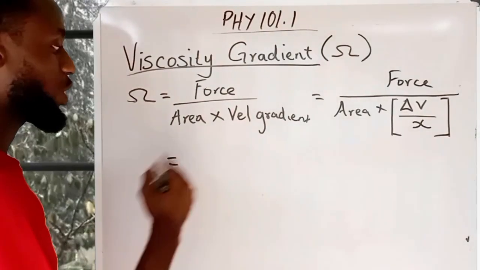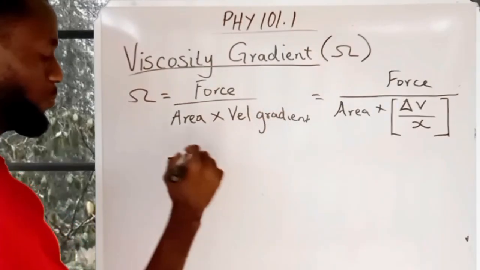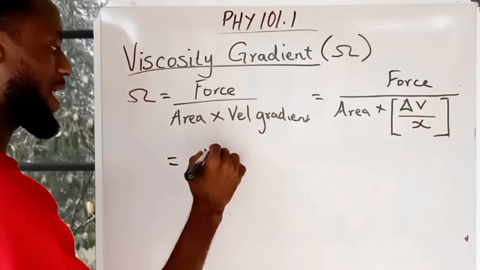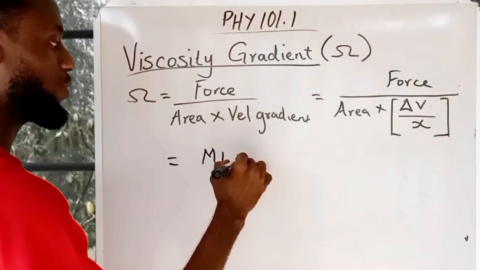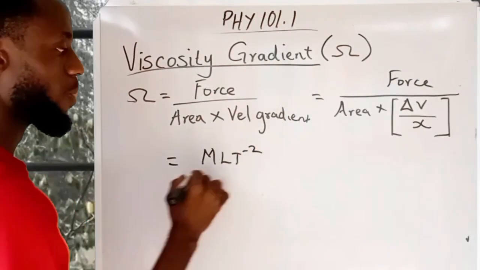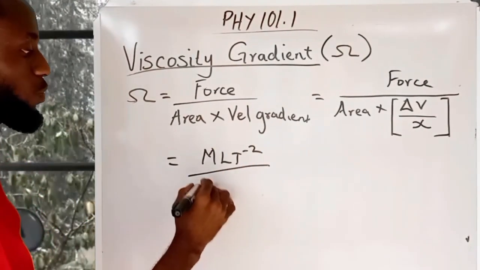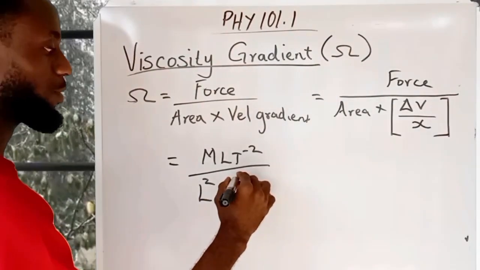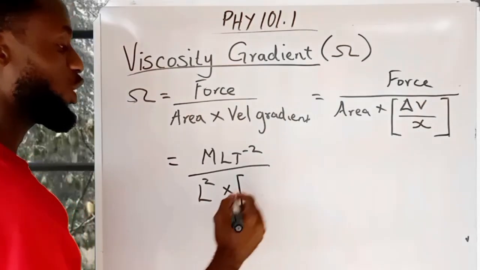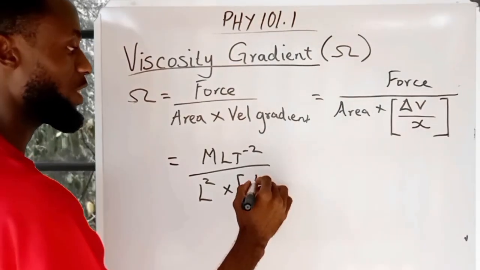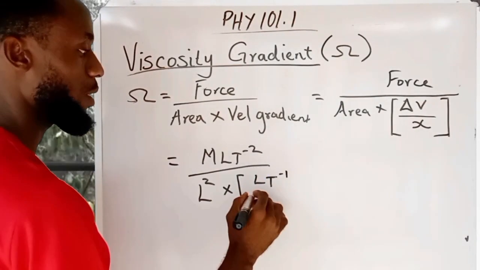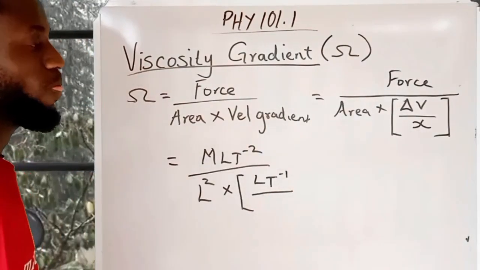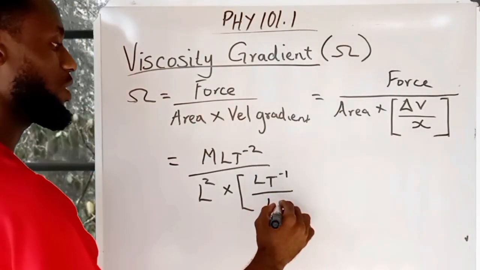So if we want to switch over now to dimensions, we already know force is mass times acceleration, which is MLT^-2, and we already know area is L squared. This velocity gradient now becomes, this is change in velocity, so it will have the dimension of velocity, which is LT^-1, but we are dividing it by the measurement of distance, which is length.